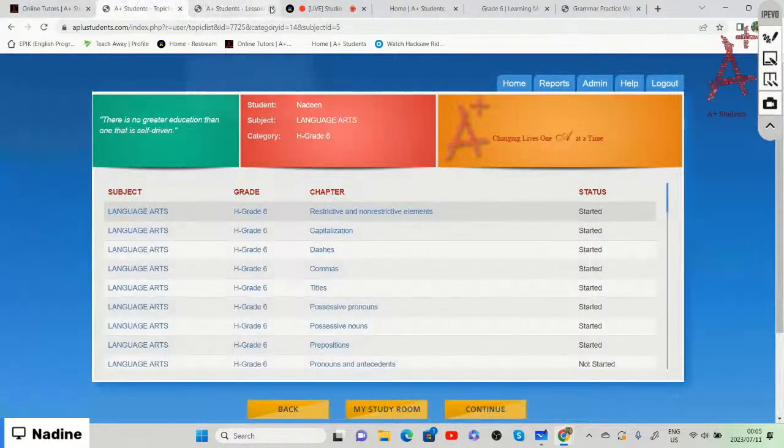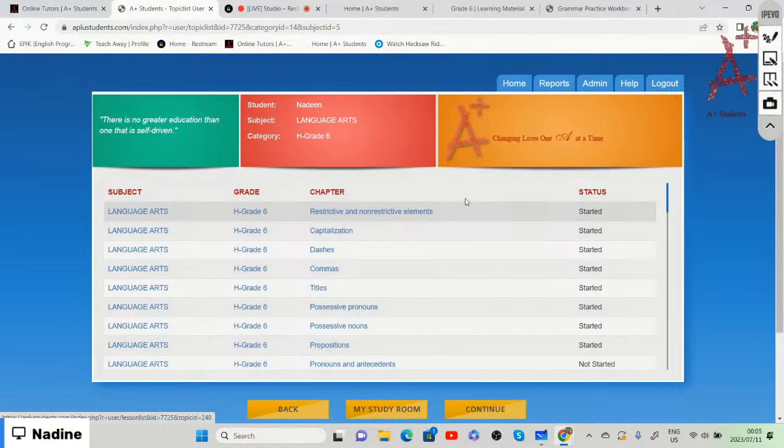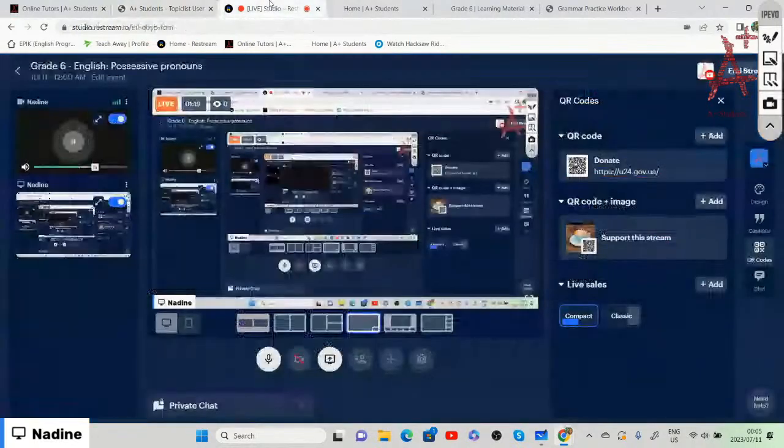All right, so once we have selected grade 6 under language arts, then we are going to scroll down until we get to possessive pronouns. So the chapter that we are focusing on today is possessive pronouns.